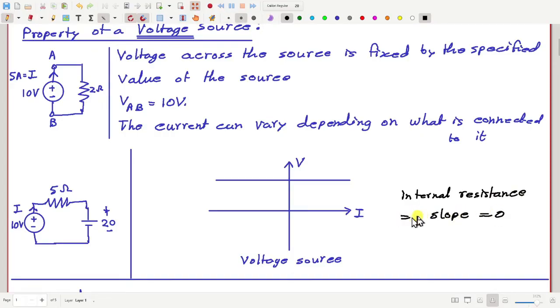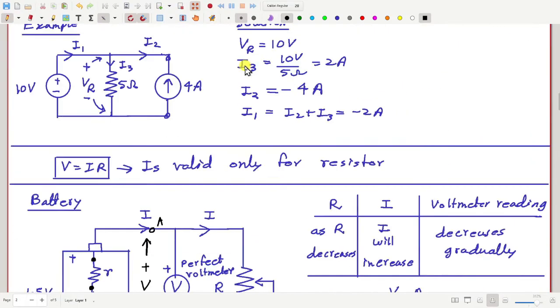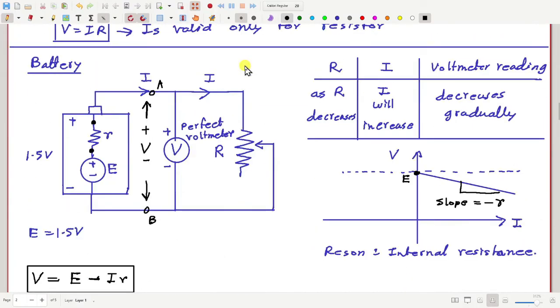Since the slope is 0, the internal resistance here is 0. This is called an ideal, that means perfect, voltage source. And this other battery is called a practical voltage source, non-ideal, non-perfect.